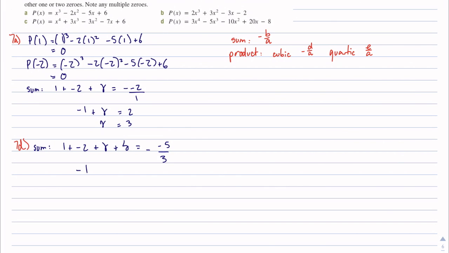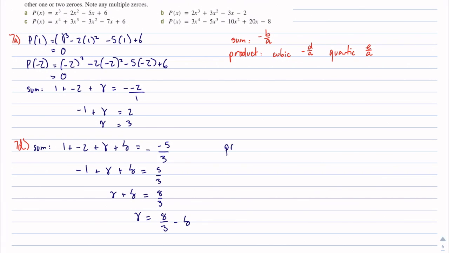So negative 1 plus gamma plus delta equals 5 on 3. Gamma plus delta equals 5 on 3 plus 1, which gives me 8 on 3. Let me check: 5 on 3 plus 1, yep, 8 on 3. I'm going to rewrite this as gamma equals 8 on 3, take delta.